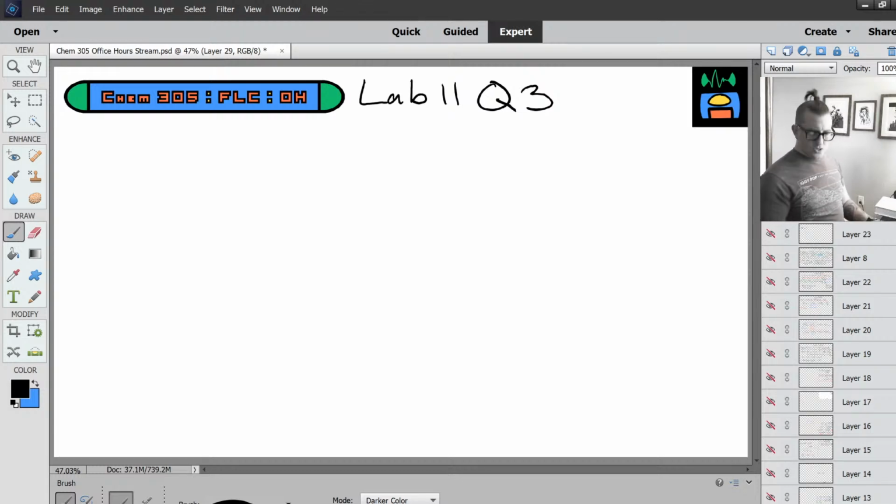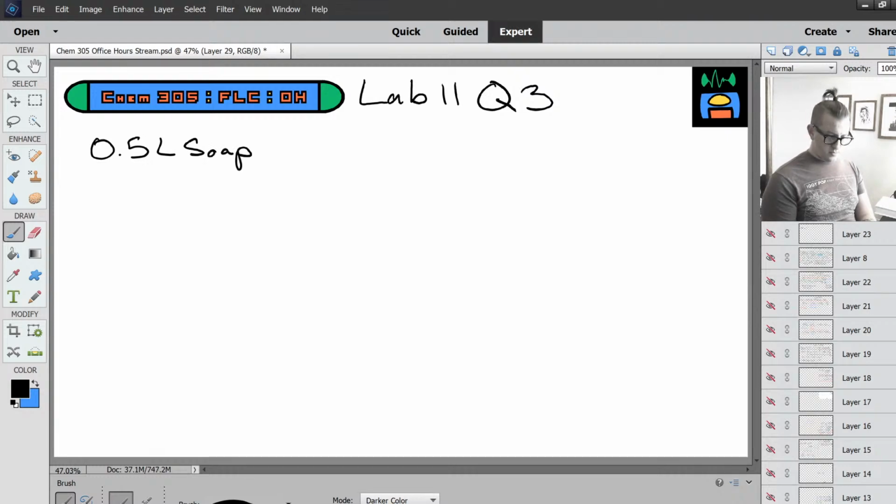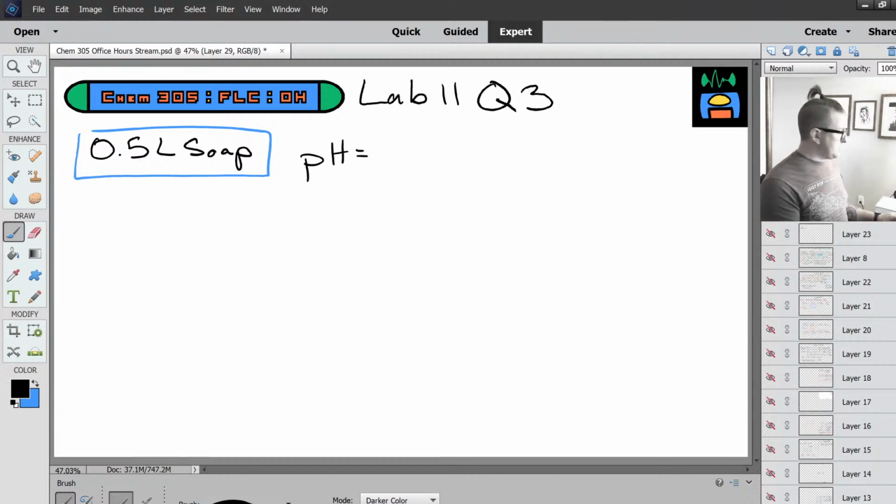Okay, so in this problem, we have 0.5 liters of soap, and we have a pH of 10.0, and then we're told to add half a liter of water.